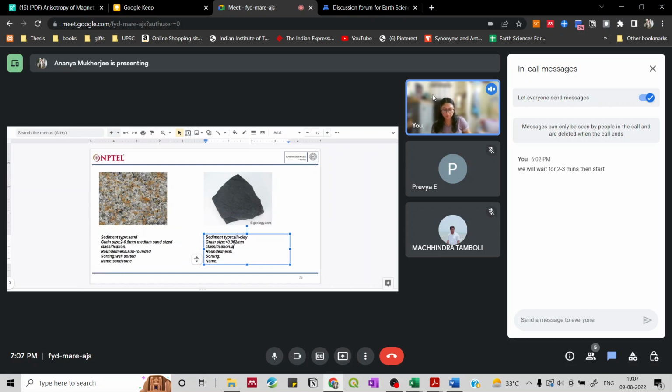Then the classification is actually argillaceous. Sorry, I forgot to classify this one. This is actually arenaceous. Roundness, since it is not very visible, you cannot say much about it. Sorting, since this is made up of silt and clay sized sediments only, you can say that this is a well sorted rock, and this is actually a shale.